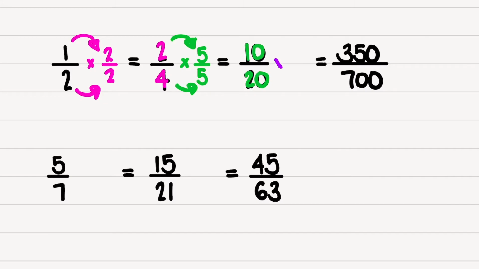If I multiplied 10 over 20 by 35 over 35, this 10 times the 35 gives me 350, and this 20 times the 35 gives me 700.